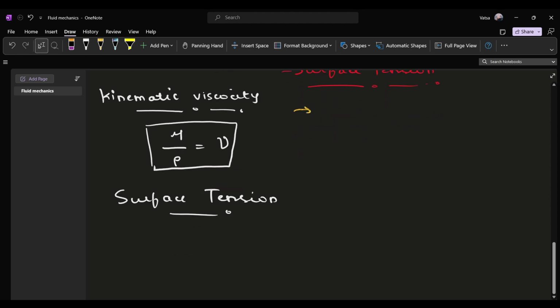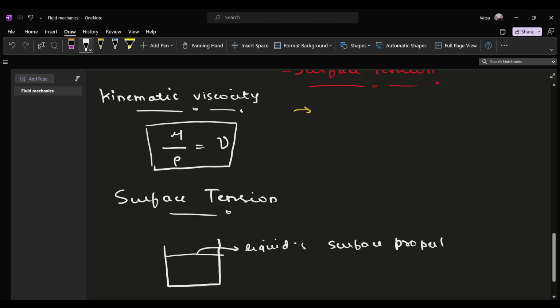Surface tension is the tendency of a liquid surface to shrink to the minimum area possible. Assuming there is a liquid here, it is the liquid's surface property which makes it shrink to the minimum area possible.